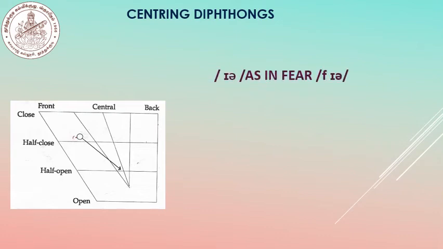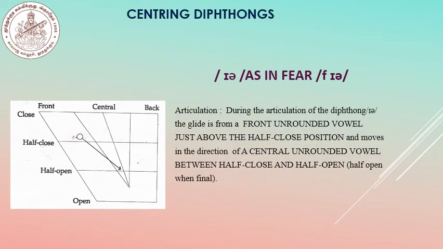Fear, ear. Okay, so what happens is this ear, the first part of E is marked in the closed position, and again as in a go, the arrow mark points towards the center position.